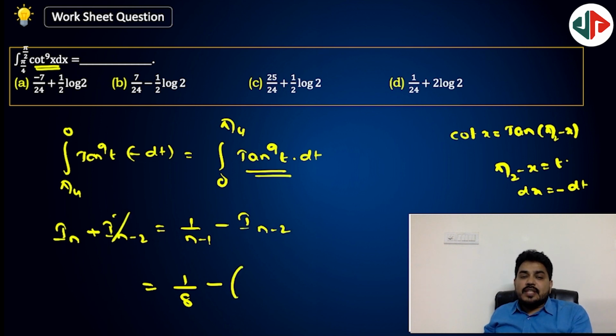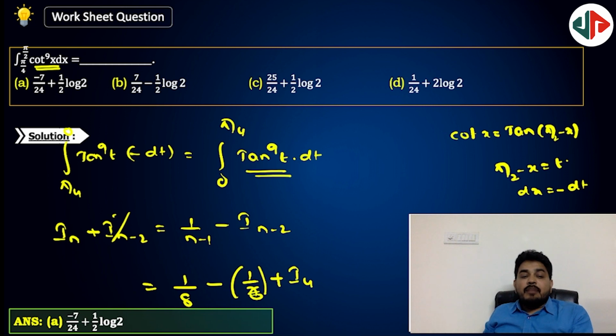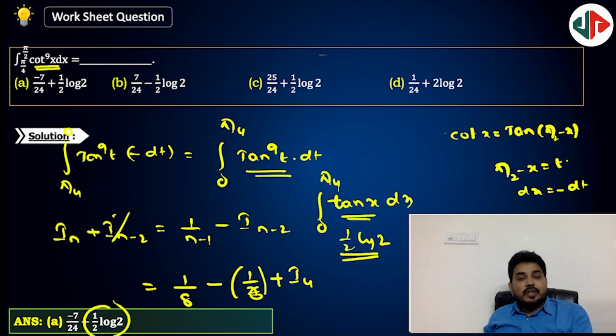I n minus 2 is equal to minus 1 by 6 plus I 4. You can write that way and you will be getting the answer as 1 by 2 log 2, because finally the integral 0 to pi by 4 of tan x dx, this value is 1 by 2 log 2.